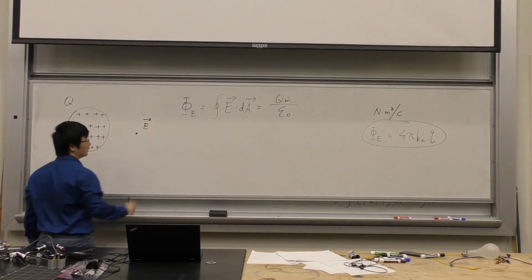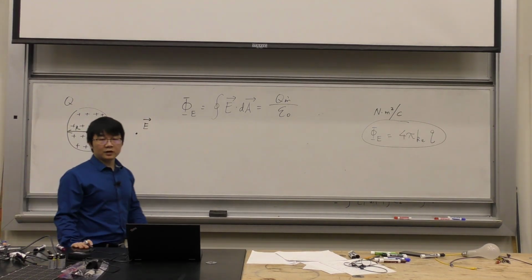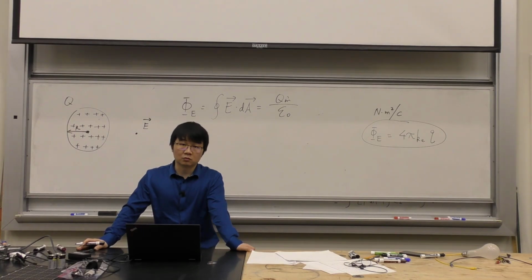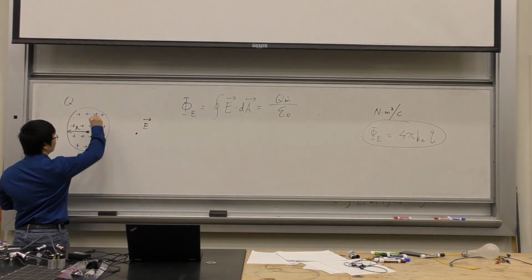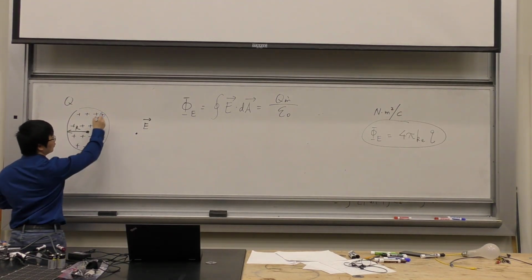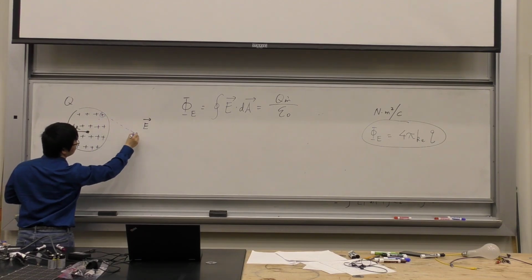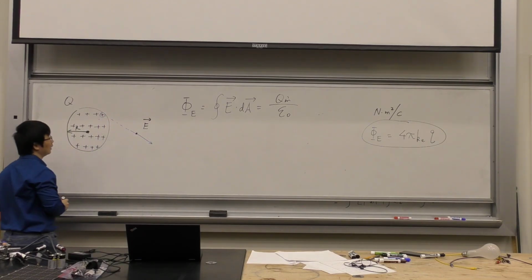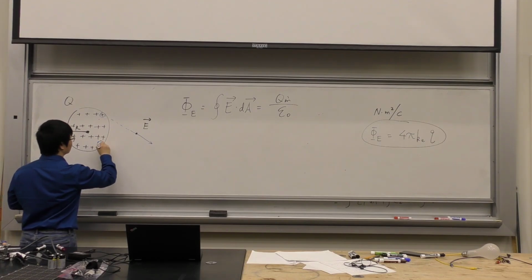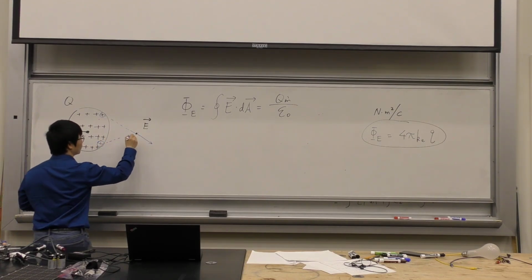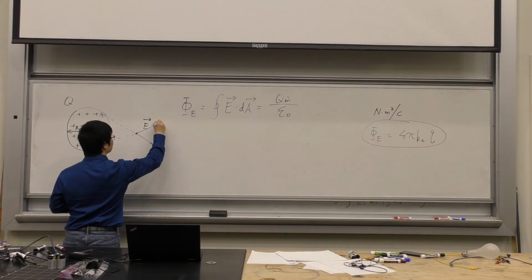How do I find the electric field? Well, you can use the superposition principle, right? I would do this: pick this charge and draw the electric field at this point. That's going to be away from it, right? And then pick another one. There's a charge here, and this charge is going to have an electric field in that direction.